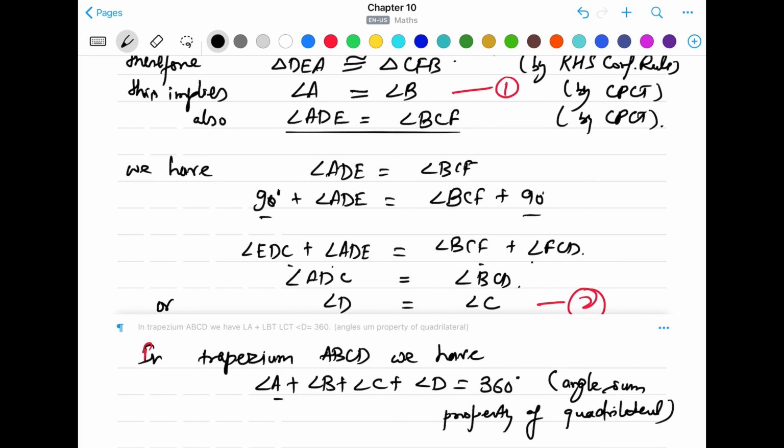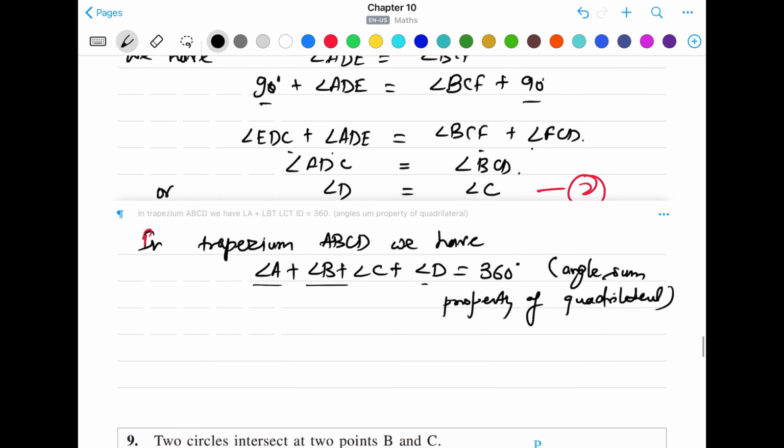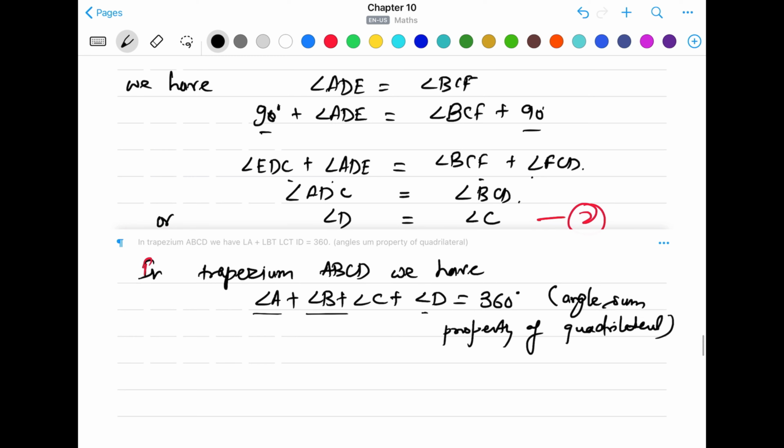Now in equation 1 we have proved that A and B are equal, and in equation 2 we have proved that C and D are equal. So we can replace this A by angle B, so this will be angle B plus angle B. Similarly we can replace this C by angle D, since they are equal, so this will be angle D equals to 360 degree.